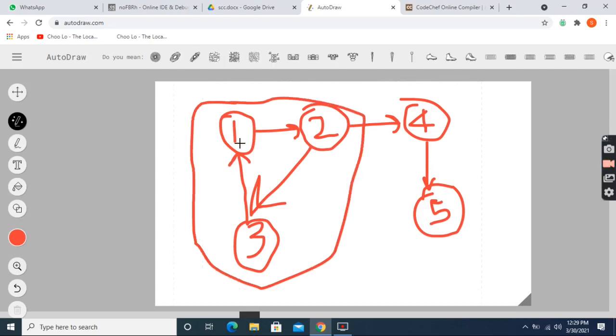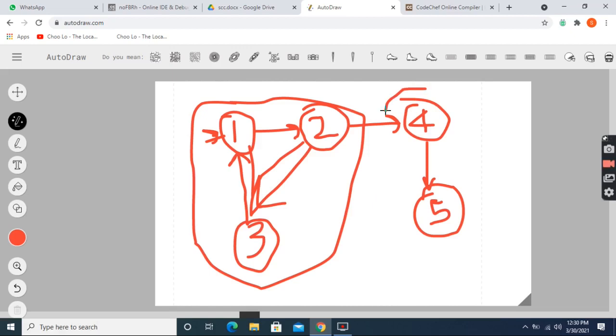For vertices 1, 2 and 3, we can see that vertex number 1 is reachable from vertex number 2 if we follow these edges, and it is also reachable from vertex number 3. Vertex number 2 is also reachable both from vertex number 1 and from vertex number 3. Vertex number 3 is also reachable from both vertex number 1 and vertex number 2. So these 3 vertices together are said to form a strongly connected component.